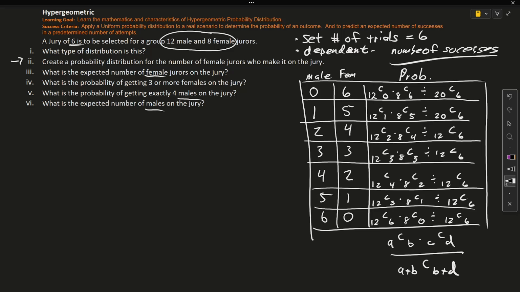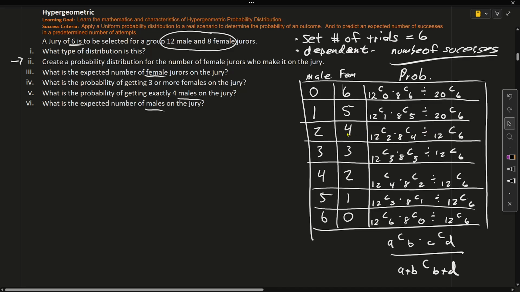So the expected number is going to be the one in this chart, whichever of these 7 probabilities has the greatest probability. Let's say it's this one right here that I'm pointing at with my arrow.